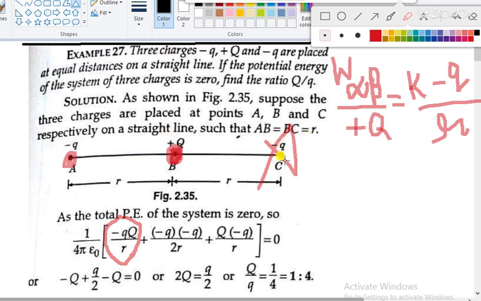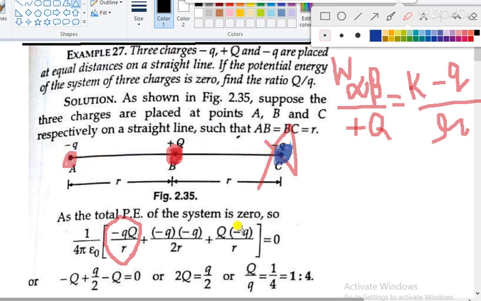Now we consider this minus q charge. We assume that minus q is moved from infinity to point c, and its initial potential at infinity is 0. Its final potential at c is due to two charges, due to a and also due to b.